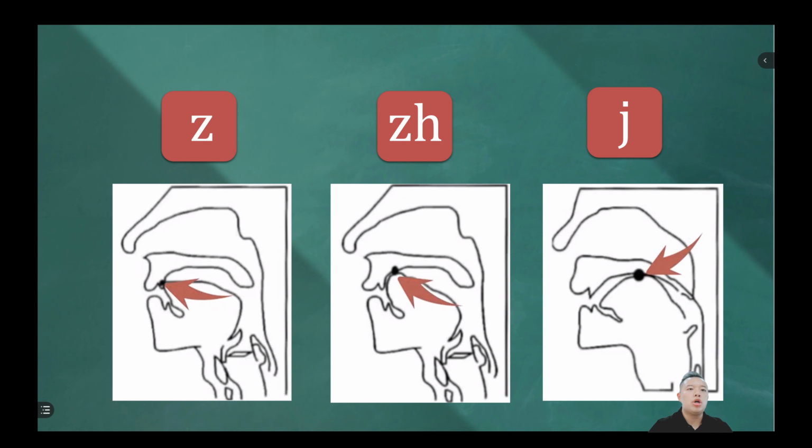You will have to roll up your tongue a little bit. If you find it difficult to roll up your tongue, just try to raise the tongue and hold it in the middle of your mouth. That will be much better.